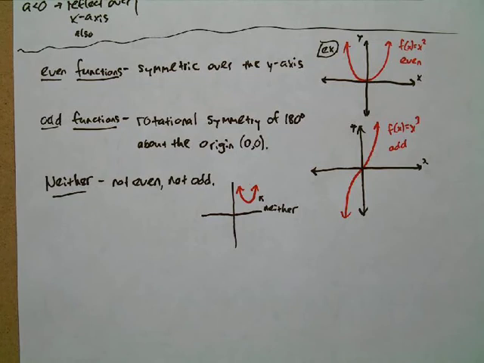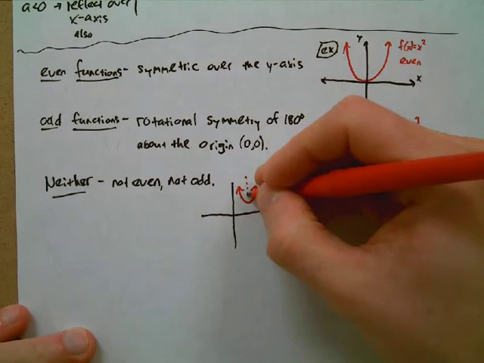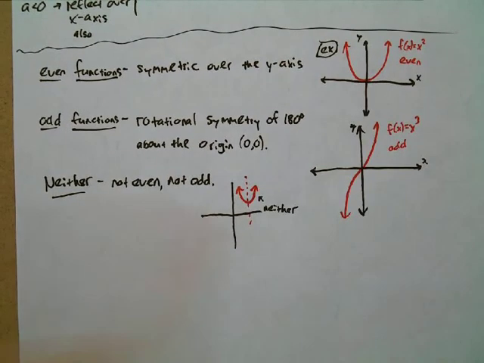An example of an even function is this parabola right here. Why is this parabola not even? Yeah, Tyler? There is a line of symmetry here, right? I could draw the line of symmetry in right here, but that line of symmetry is not the y-axis. It's got to reflect over the y-axis. So it does have a line of symmetry right here, but it's not the y-axis. So that's what makes it neither even nor odd.